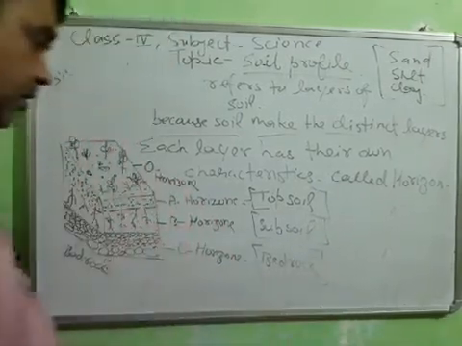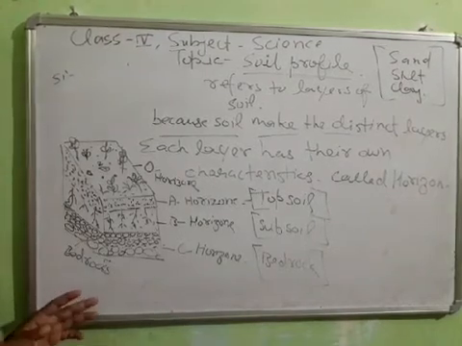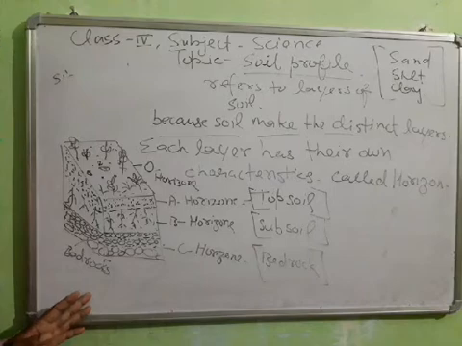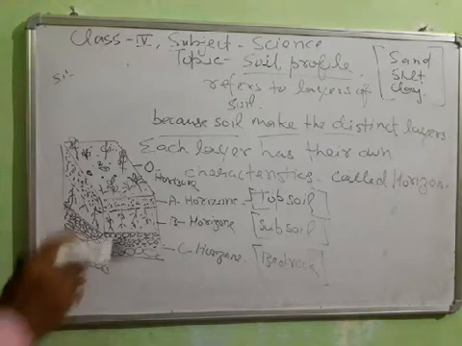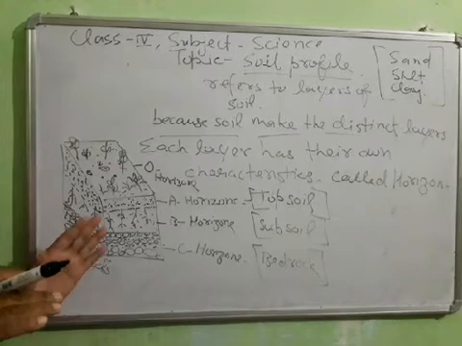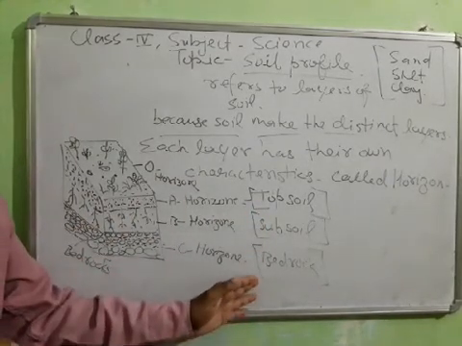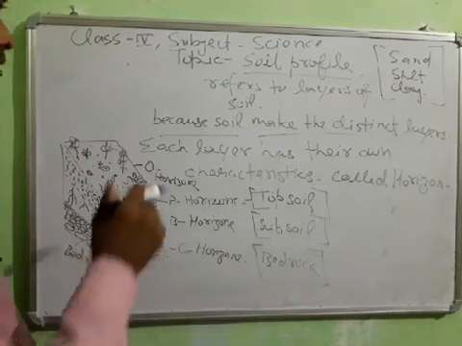Okay students, draw this and practice it in your homework copy. I think your time is going to be over. So write down today's homework. I will explain all types of topsoil, subsoil, and bedrock, and the characteristics of each layer, in your next online class.